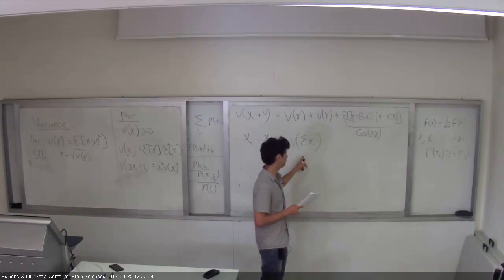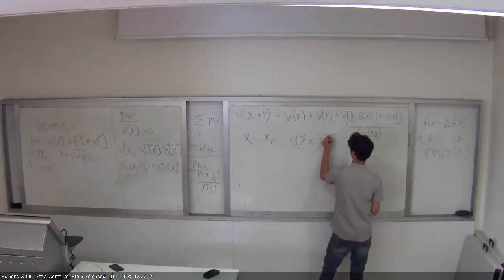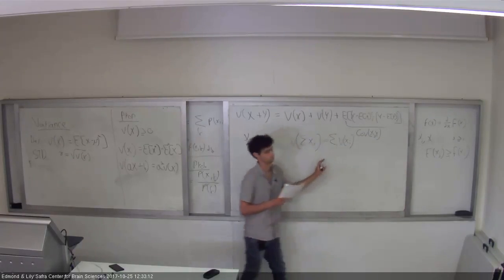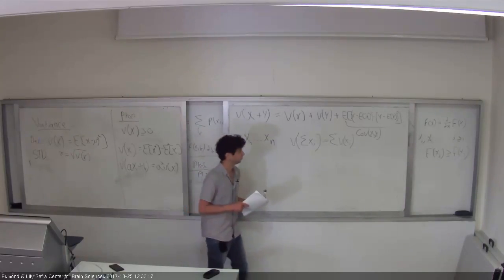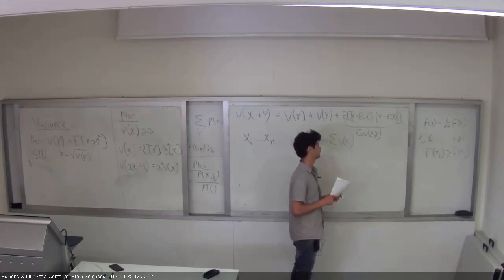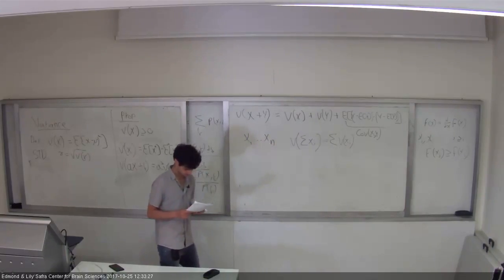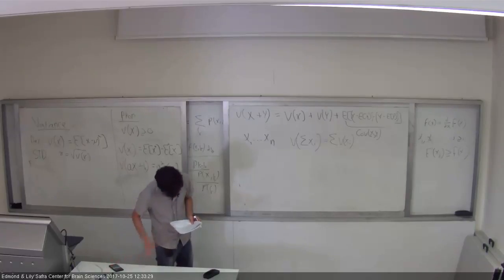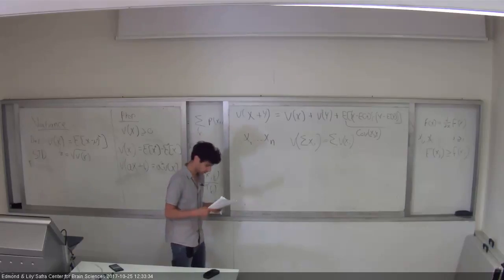Only if they are independent, the variance of their sum is equal to the sum of their variances. Okay, so let's now look at this term. This is an important term. This is the covariance of X and Y.